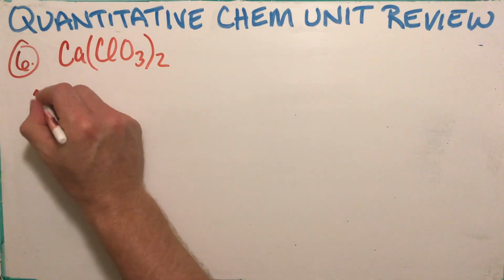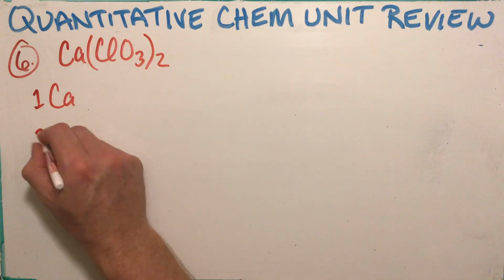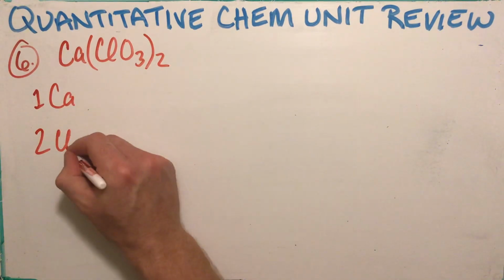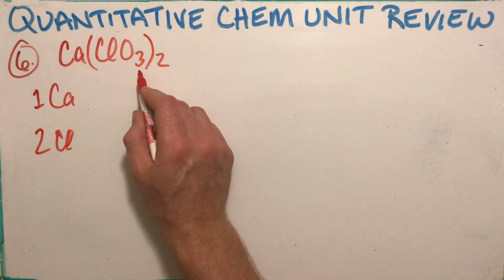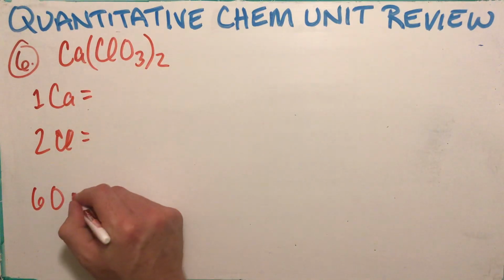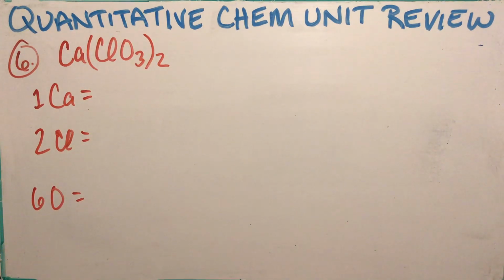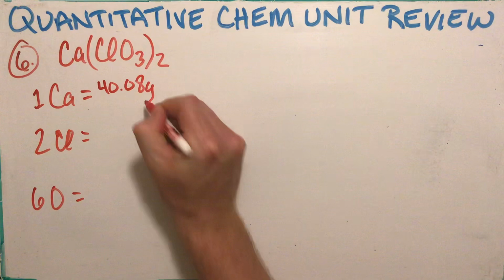And so when I look at that, I have 1 calcium, I have 2 chlorines, even though I drew it kind of messy, and I have 2 times 3, which is 6 oxygens. All right, now I'm using my periodic table and those atomic masses.